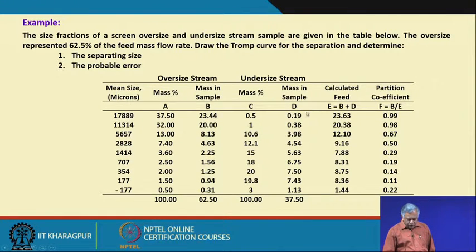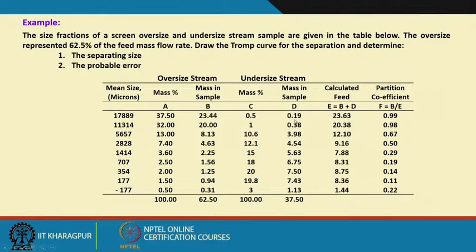Similarly, for the undersize fraction, what fraction have I got? 100 minus 62.5 into the undersize. So, I have got 37.5% of the feed material. That means if my feed is 100 tons, I have got 37.5 tons in the undersize material, and if I do the size analysis of this 37.5 tons of material, that will bring me back to this, that is 0.5 into 0.375, which gives 0.19.